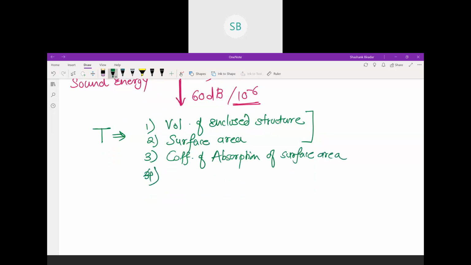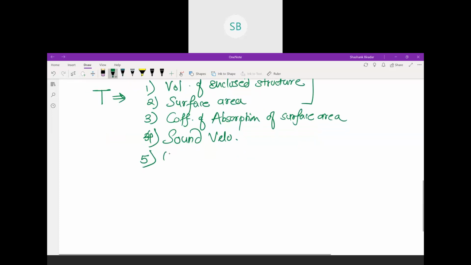The fourth one is sound velocity, and that remains constant in a particular medium. And finally the wavelength of sound.